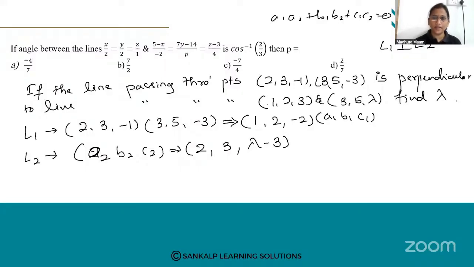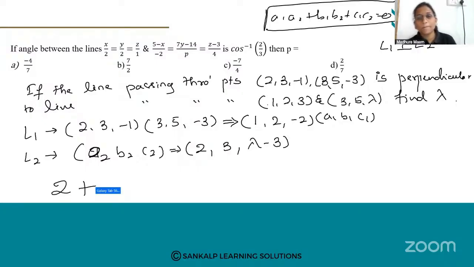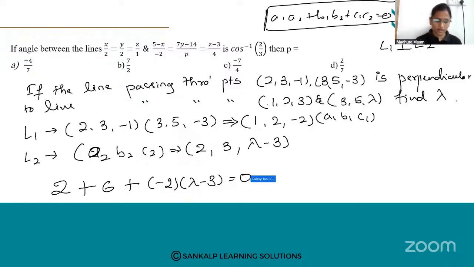They are perpendicular. So A1 A2 plus B1 B2 plus C1 C2 will be equal to 0. What is A1? 1. A2 is 2. 1 into 2 is 2. Plus B1 B2, 2 into 3 is 6. Plus C1 C2, C2 is lambda minus 3. Is that right? So solve this and we'll get our result.